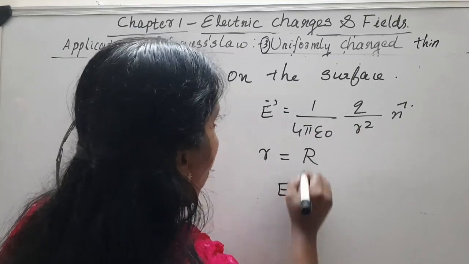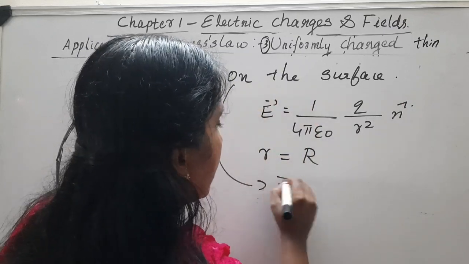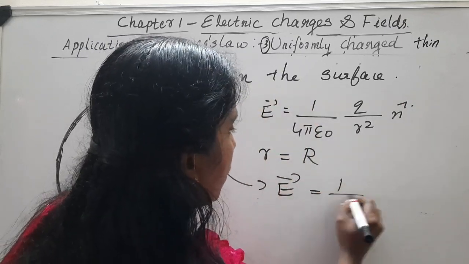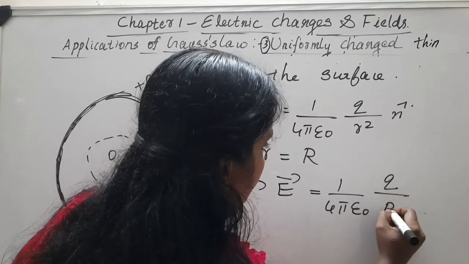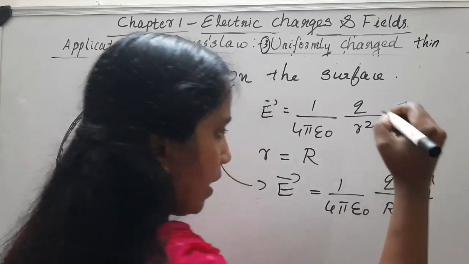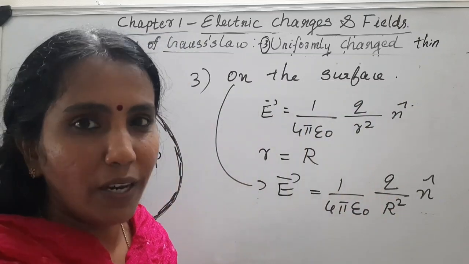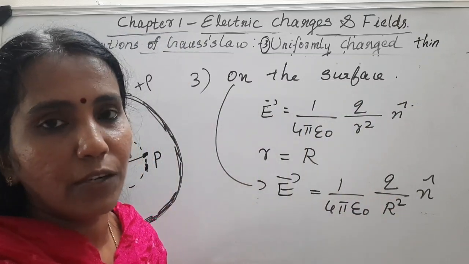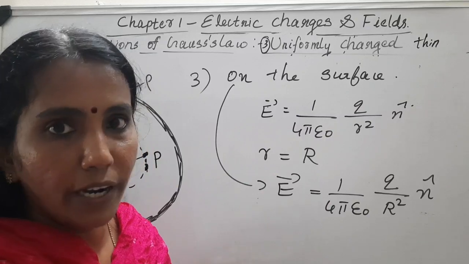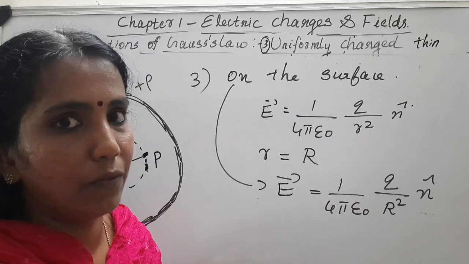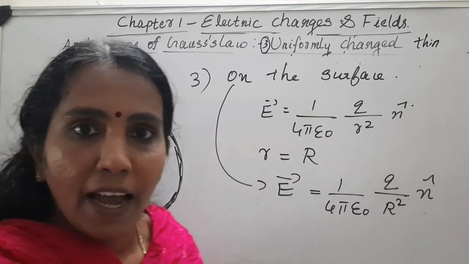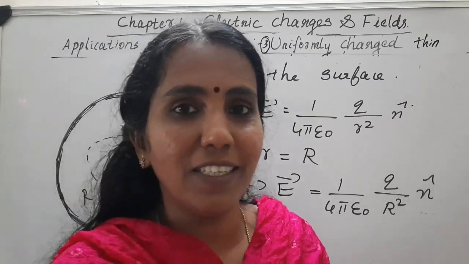So on the surface E is equal to 1 by 4 pi epsilon 0 Q by R square into n cap, with the usual explanation: when Q is greater than 0 radially outward, and when Q is less than 0 radially inward. So with that we conclude today's session. Thank you.